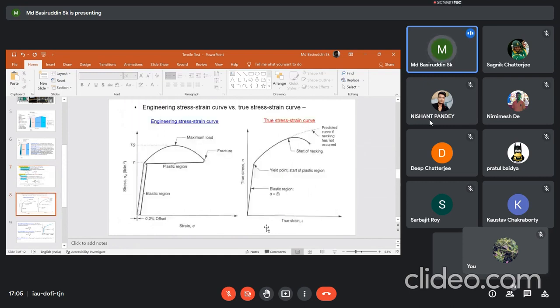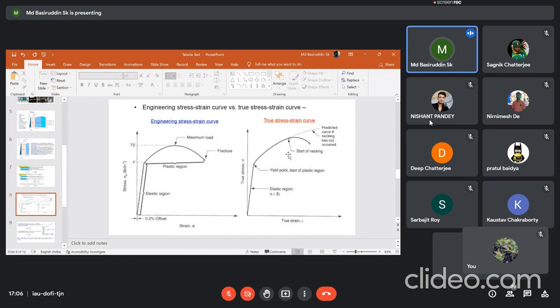Now here is a representation of the engineering stress strain curve with the true stress strain curve. But this curve may be a little bit erroneous, because you don't know that after UTS, when the necking starts, which one will dominate: the decrement of load or the decrement of the cross sectional area.